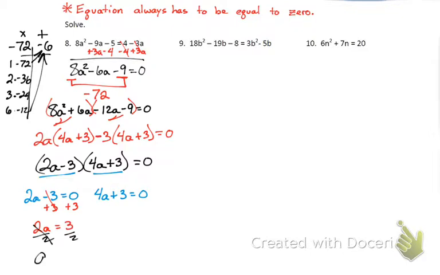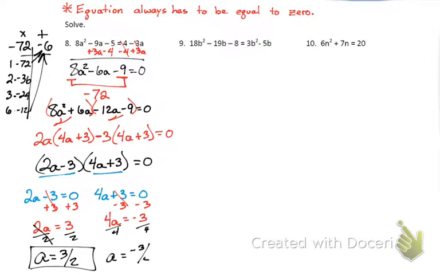So a equals 3 halves, or 1 1/2, however you want to write that. And then in this one, I'm going to subtract 3. 4a equals negative 3. Divide by 4. So a equals negative 3/4. Done. Kind of a long problem there, but like I told you before, these problems will start getting longer.